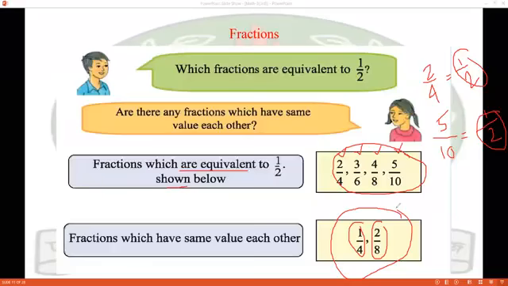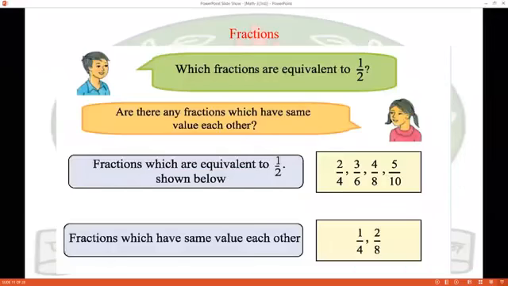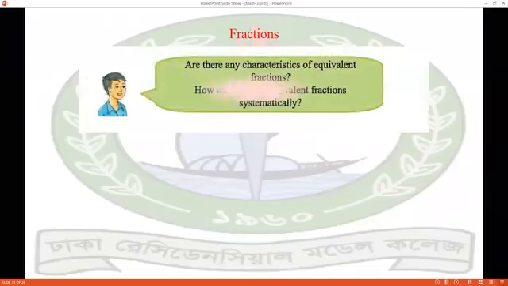There is a question: how can we find out they are equivalent? There is a rule to find out equivalent fractions. Are there any characteristics of equivalent fractions by which we can identify that these fractions are equivalent?